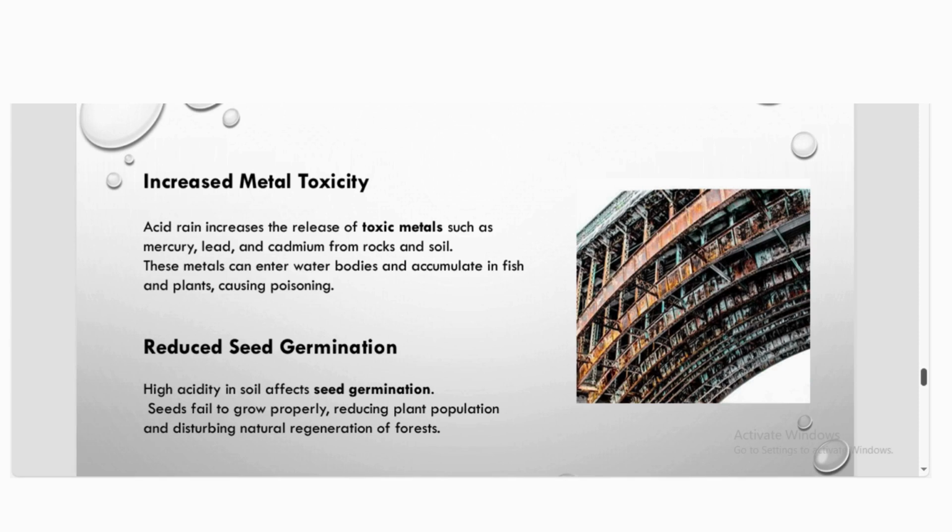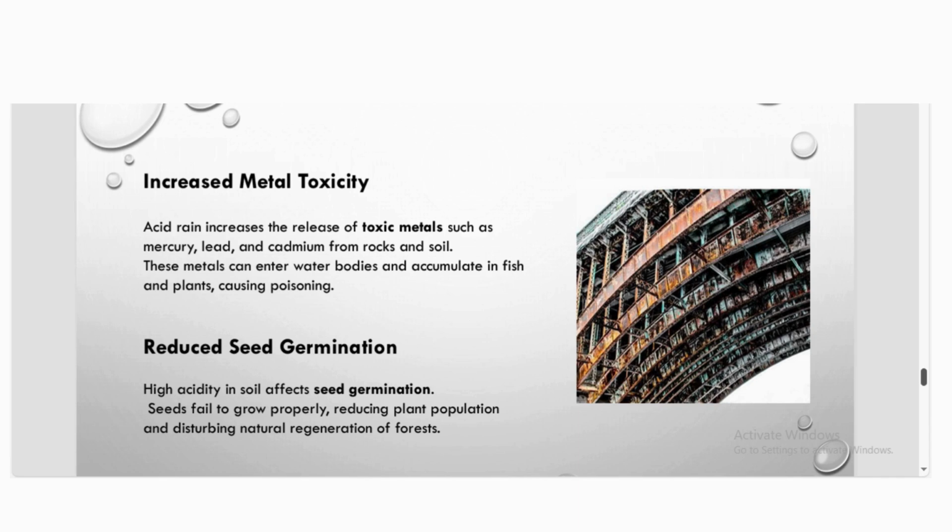There is also the increase in metal toxicity. Acid rain increases the release of toxic metals such as mercury, lead, and cadmium from rocks and soil. These metals can enter water bodies and accumulate in fish and plants, causing poisoning. There is also reduced seed germination, as high acidity in the soil affects germination.